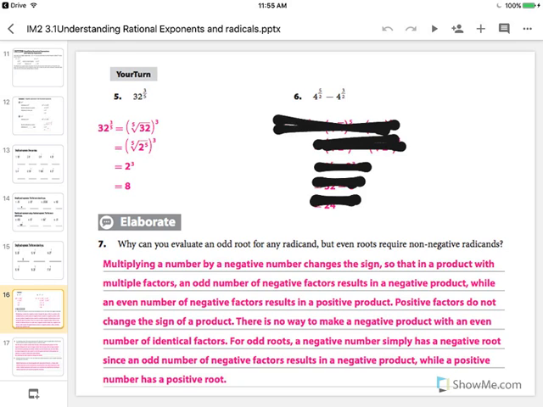Okay, so for number 5, you can use the radical to solve it, or you can use the exponent. So change 32 to 2 to the 5th power and 3 over 5, so that cancels out. So 2 to the 3rd power will give us 8. Okay, so let's try number 6.